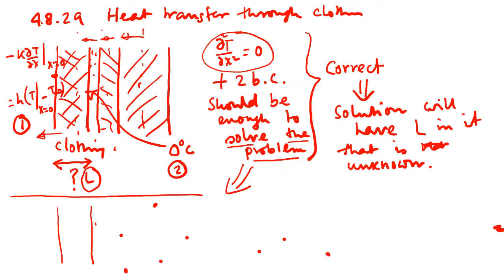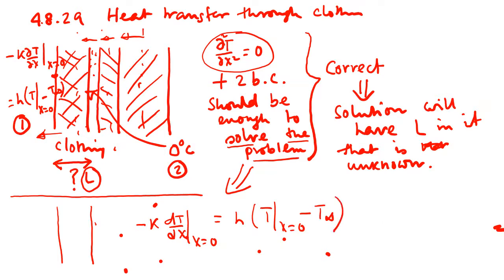But if you just consider this layer, basically the solution is what I'm about to show. Minus k dT/dx at x equal to 0 is equal to h times (T at x equal to 0 minus T infinity). I can write this part as minus k times, if this is my x direction, or maybe I should choose the x direction the other way.